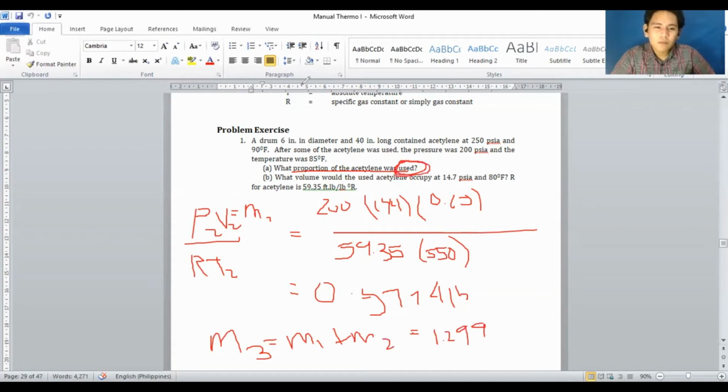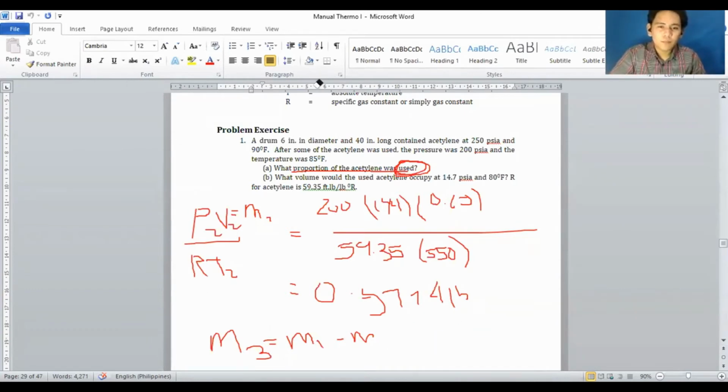So you have to subtract. I'm sorry, you have to subtract it. So therefore, your mass 1 minus your mass 2 is equal to 0.144.